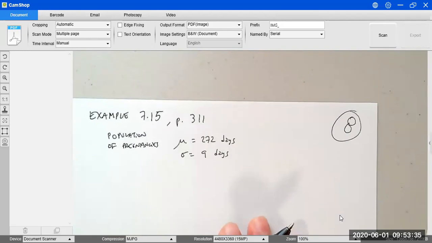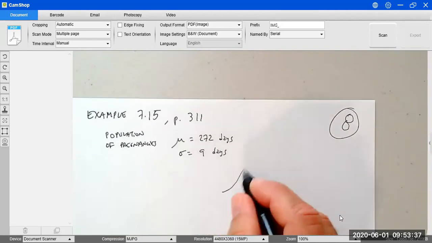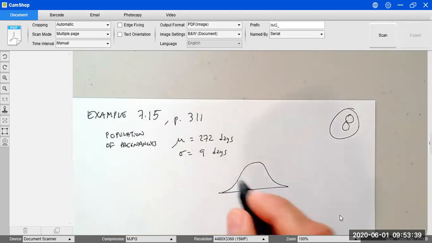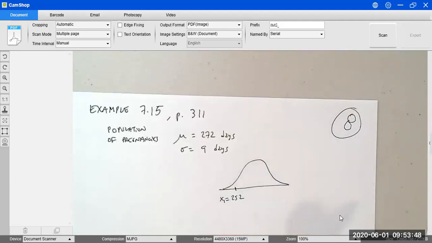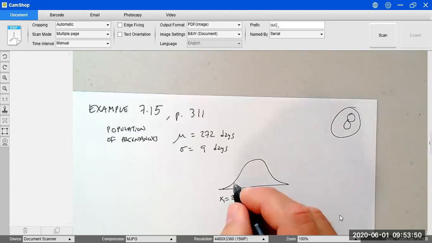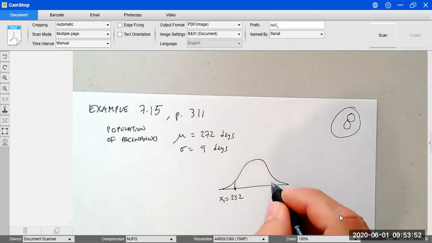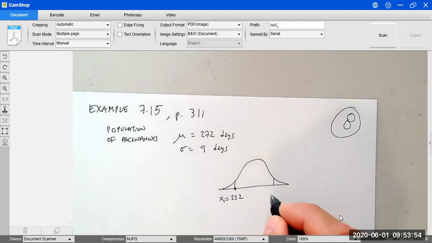And now we have that the full pregnancy is between 252, that's the lower limit, and 298, that's the upper limit for a full pregnancy.